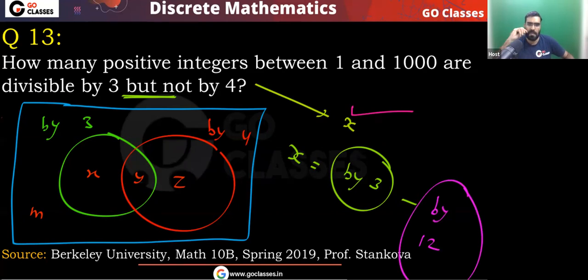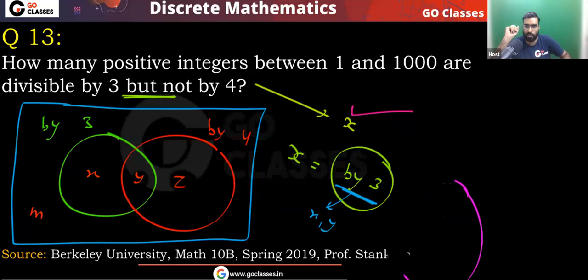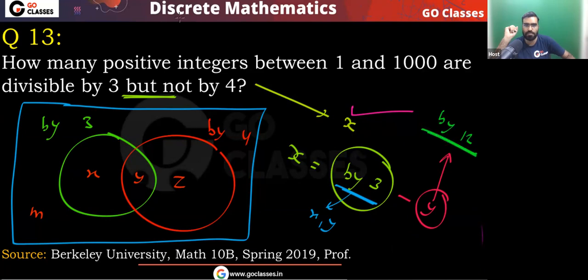Yes or no? Because by 3 means XY, so minus Y. And what is Y? Y is by 12. Very simple. Is this clear?